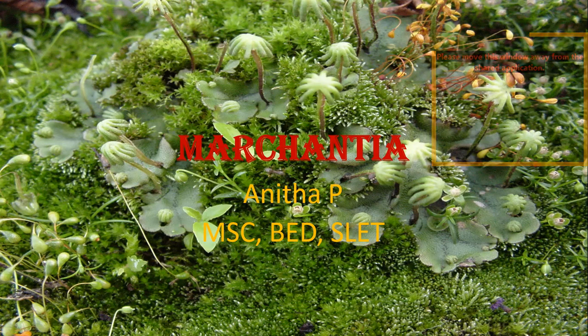There are mainly 2 categories, that is, thallophytic plant body and leafy plant body, as we discussed in the last class. The thallophytic plant body is again classified into 2, that is, Marchantia and Anthoceros.